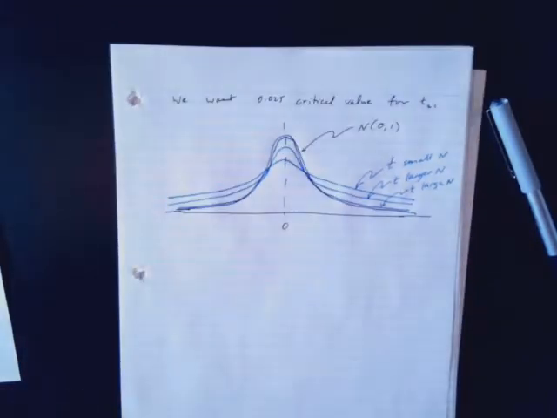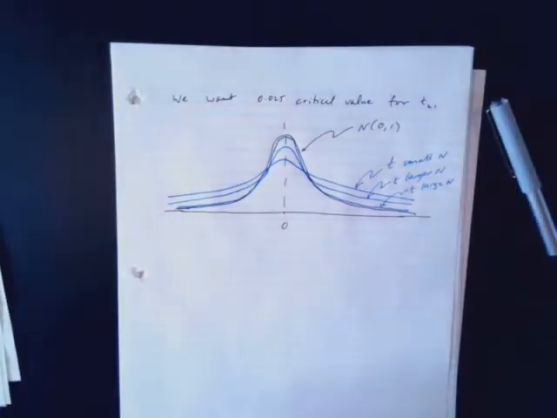In practice, once you're over a couple of hundred degrees of freedom, the t-distribution is pretty much the same as the standard normal. So it matters when you have a small sample, not so much when you have a large sample.